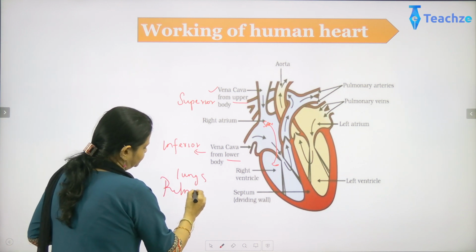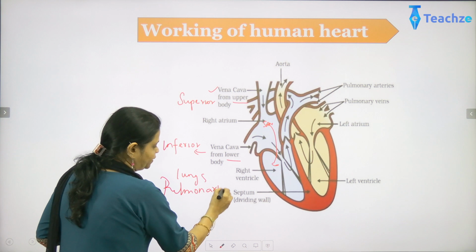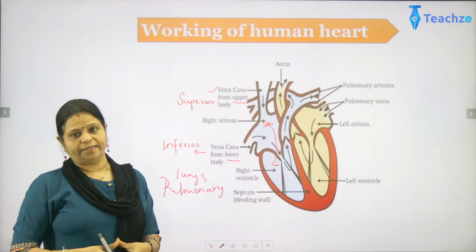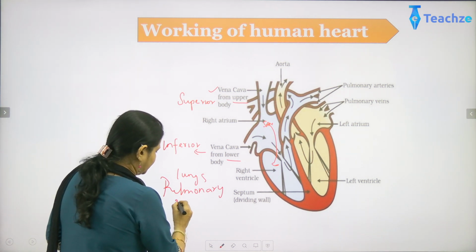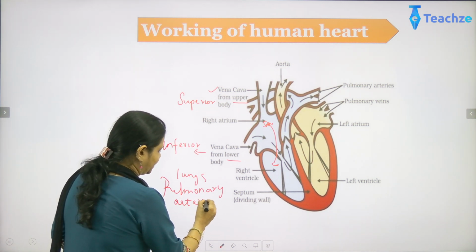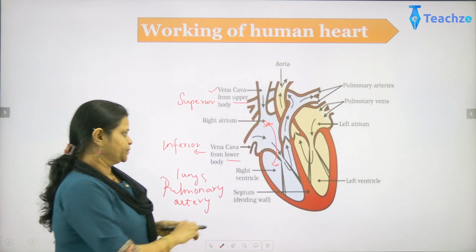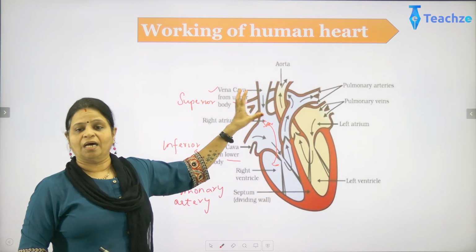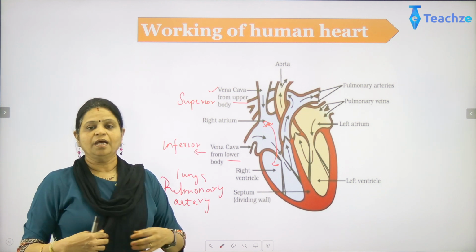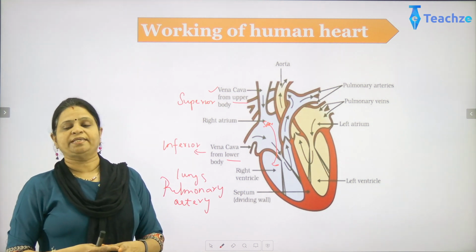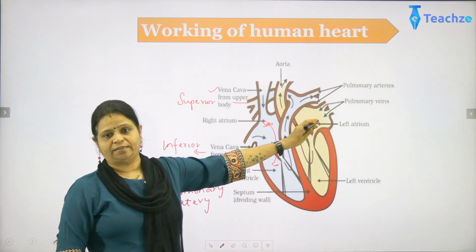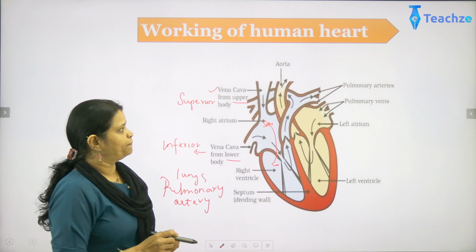We already said that the pulmonary artery is the only artery which carries impure blood; the rest of the arteries all carry pure blood. So the pulmonary artery carries blood from the right ventricle. The blood is taken to the lungs for purification, and from there the oxygenated blood enters the left atrium through the pulmonary veins.